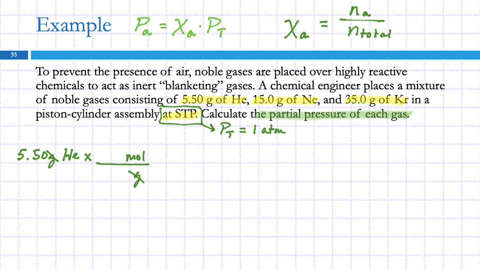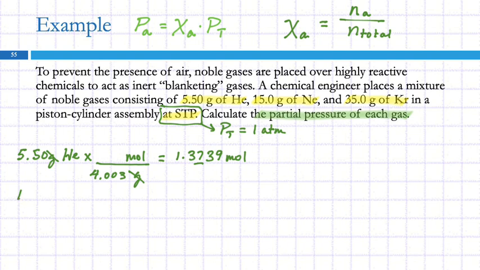Helium is 4.003. 5.5 divided by 4.003 is 1.3739 moles. So if we're finding the mole fraction of helium, that's the moles of helium, but we need the total number of moles. So we have to do this to all of them and add them together.